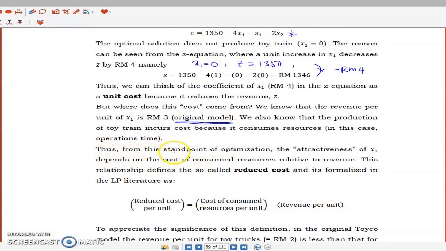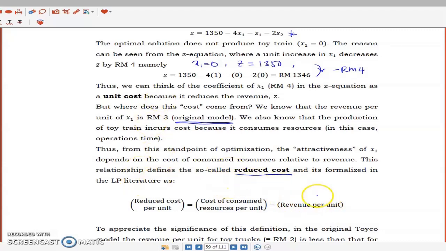Thus, from this standpoint of optimization, the attractiveness of x1 depends on the cost of consumed resources relative to revenue. This relationship defines the so-called reduced costs and is formalized in the LP literature as: reduced cost per unit equals cost of consumed resources per unit minus revenue per unit. Okay, let's refer to the TOYCO problem.